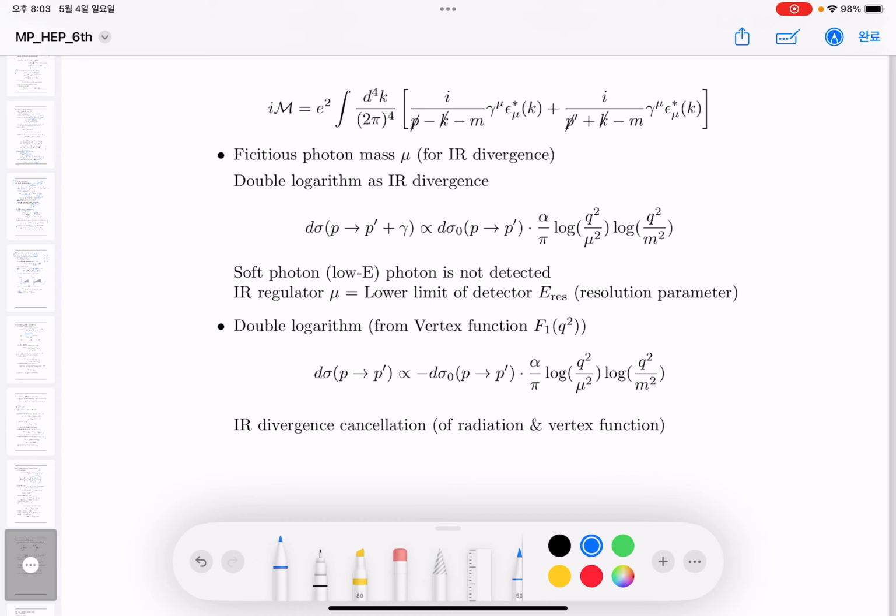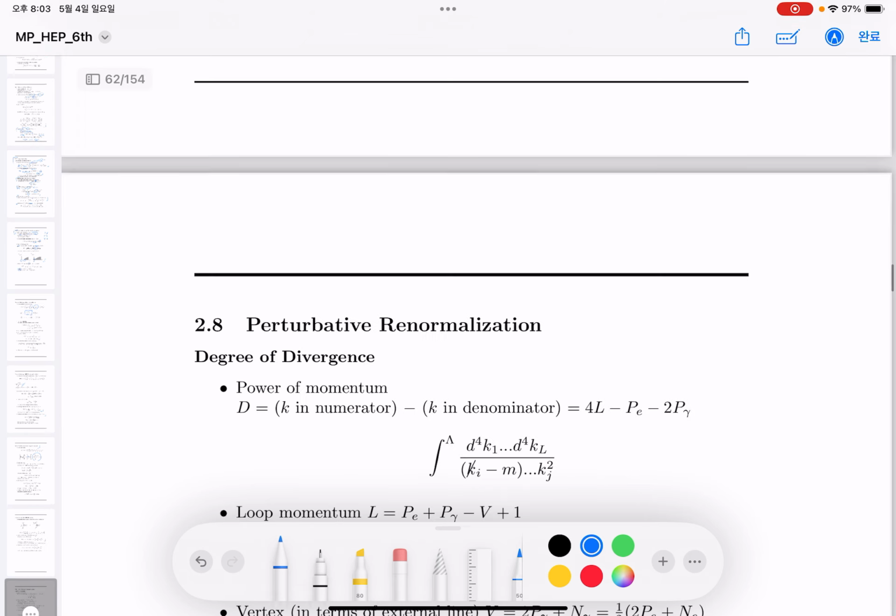To regularize such divergence, we can introduce a fictitious photon mass, even though photons are massless particles, and this gives a double logarithmic IR divergence. This means that soft photons are not detected, and our regulator means the lower limit of detection, as a resolution parameter in the experiments. And the double logarithm can be cancelled by the vertex function's IR divergence.